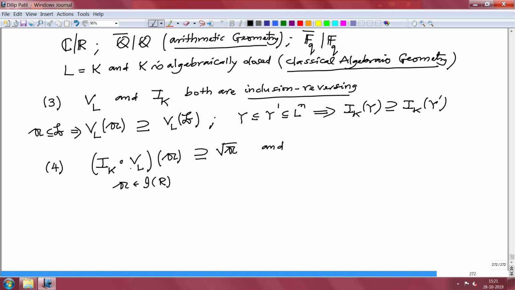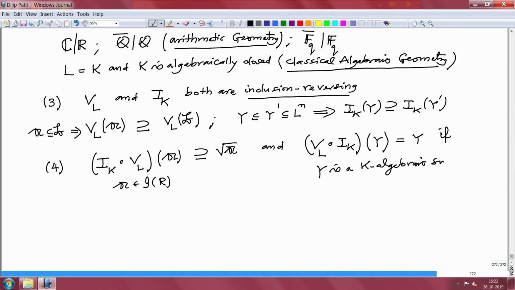Similarly for the other way, I want to write V_L composed with I_K of any subset Y. Let me write, not any subset, is equal to Y, if Y is a K algebraic set in L^n.